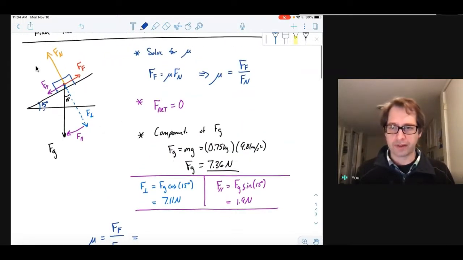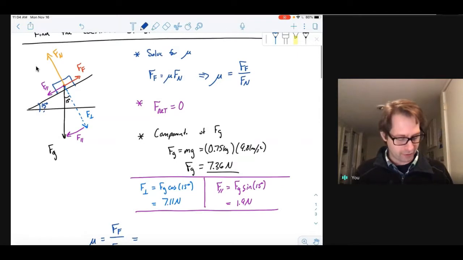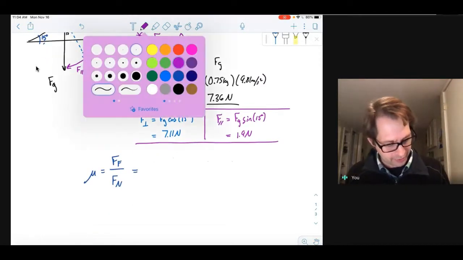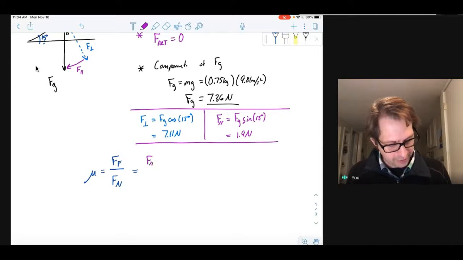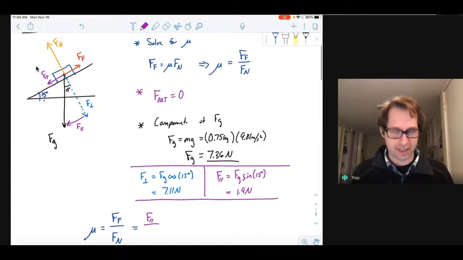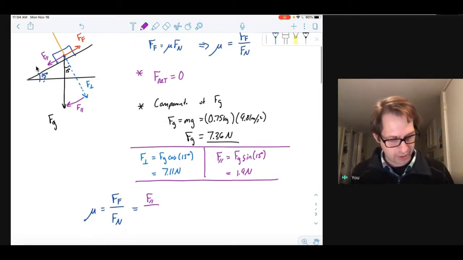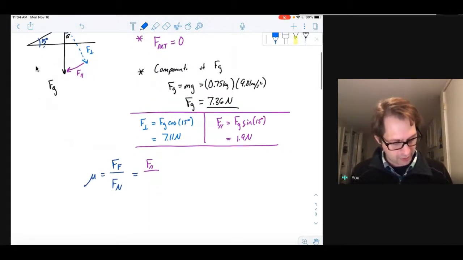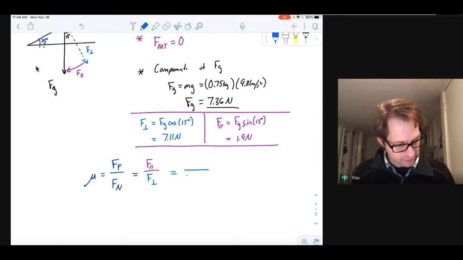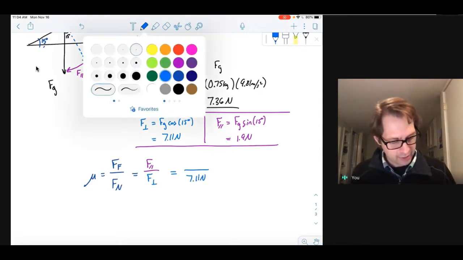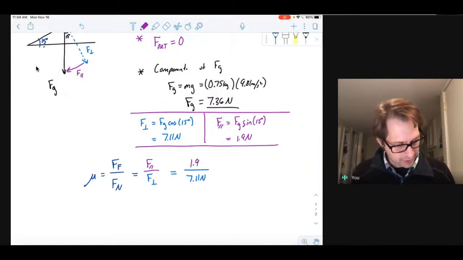I know that the frictional force is the same as the parallel force, so I'm just going to draw that in. This would be the same as force parallel, divided by the force normal. According to my free body diagram, I also know that the normal force is equal to the perpendicular force. So I can substitute that in as well. We'll do that here, this force perpendicular. Now I'm going to put the numbers in. The force perpendicular was 7.11 newtons, and the force parallel was 1.9 newtons.